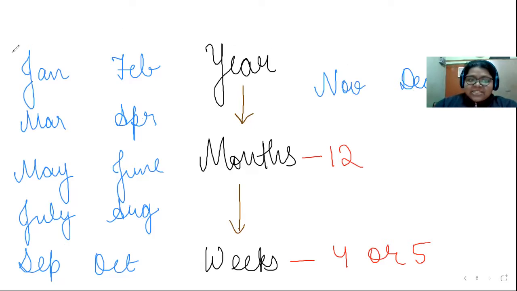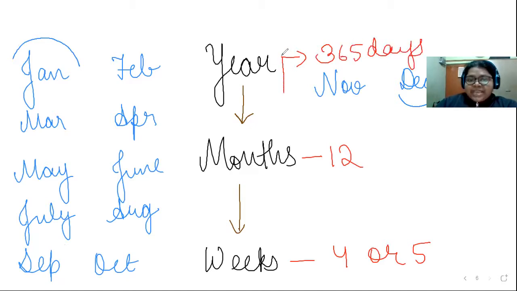So when it starts from January, that is New Year, and then on the 31st of December, the entire year completes. Mostly a year has 365 days, but as we know, in a leap year, it has 366 days.